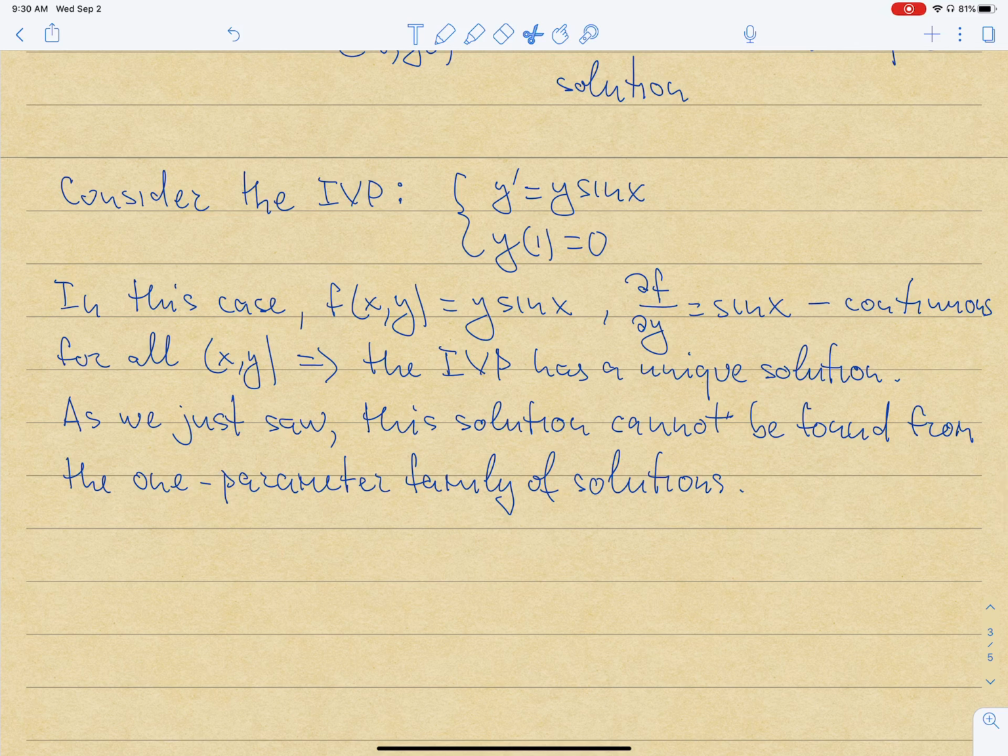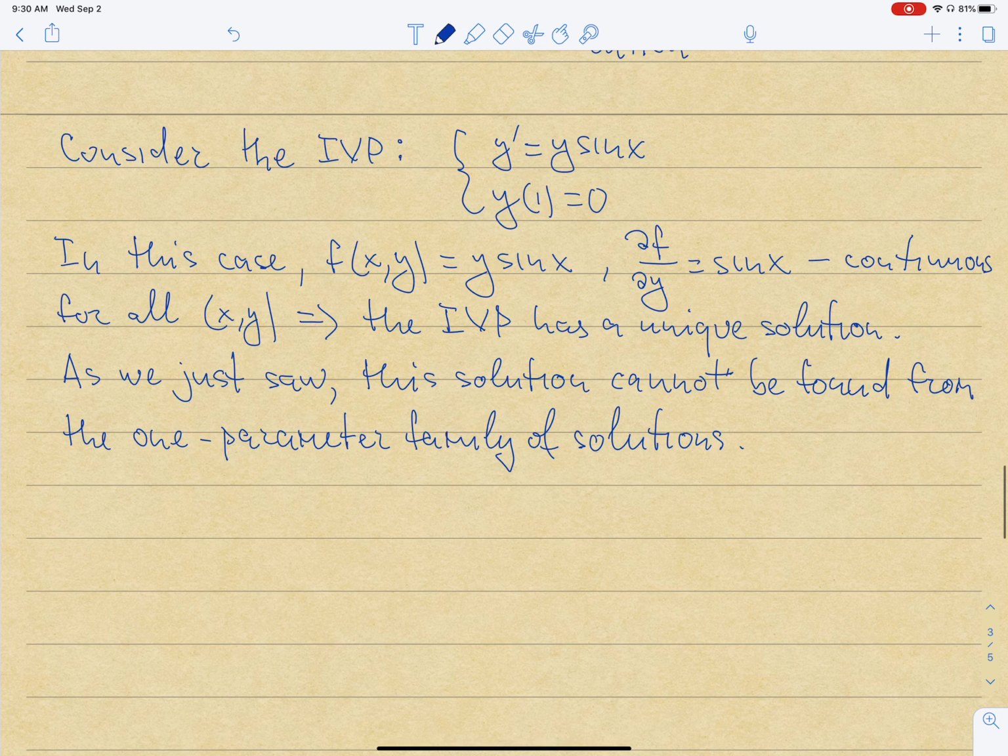So if I take y identically equal to 0, then certainly the initial condition will be satisfied, because if the function is identically equal to 0, then it's in particular equal to 0 at x equal to 1. And because y equal to 0 is the equilibrium solution of my equation, that means that certainly the equation must be satisfied. So then, in this case, what can I do? I use the equilibrium solution.